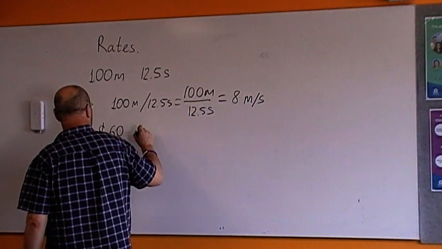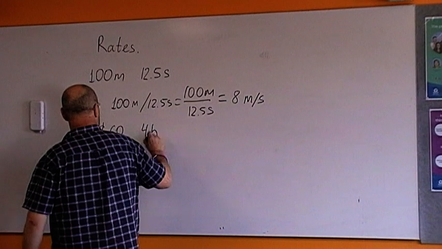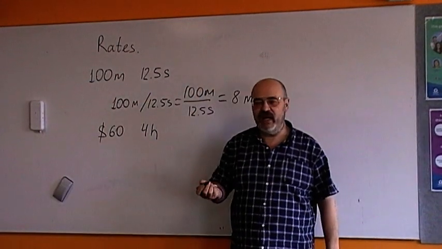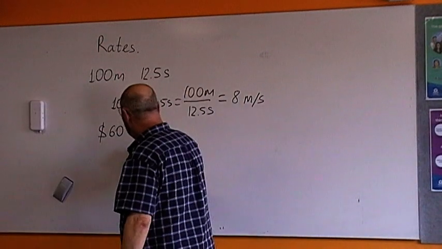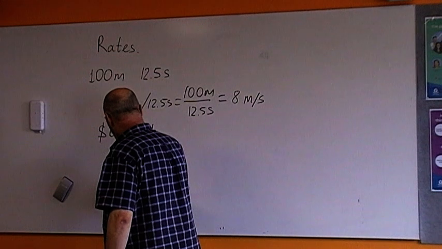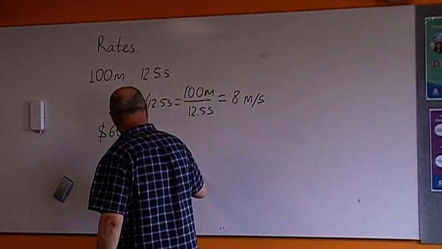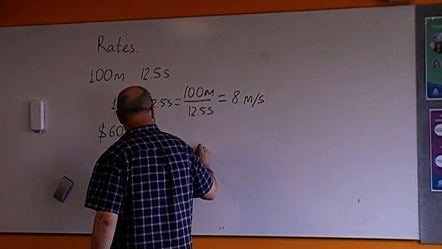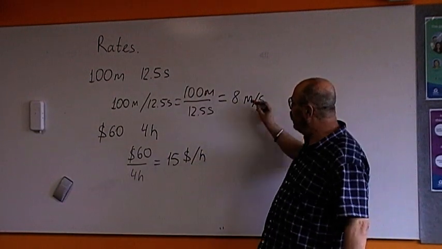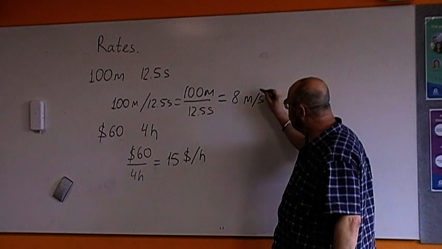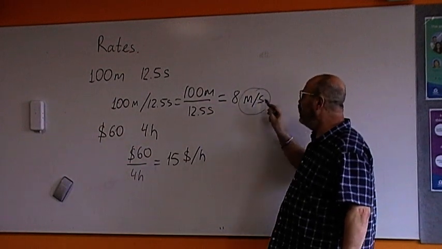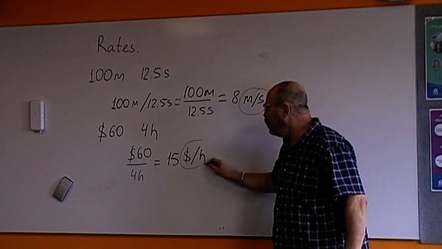What is the rate at which he got paid? We divide $60 by 4 hours, and that equals $15 per hour. With rates, we always must write units, like meters per second, dollars per hour.